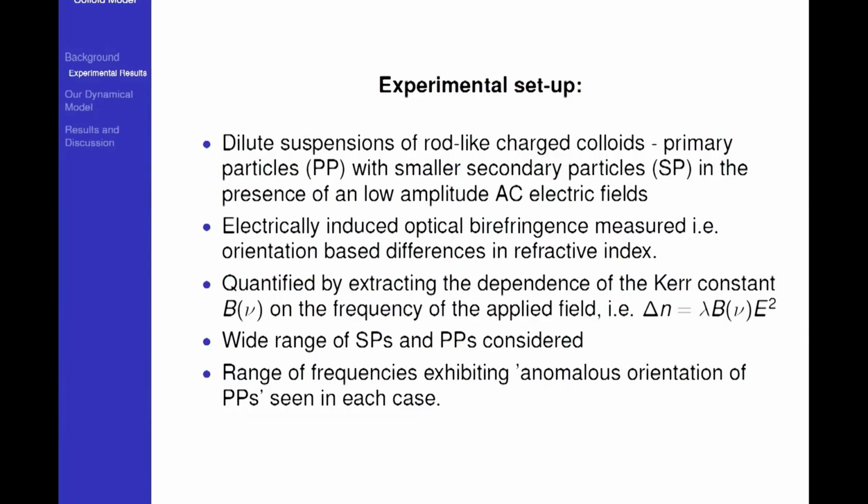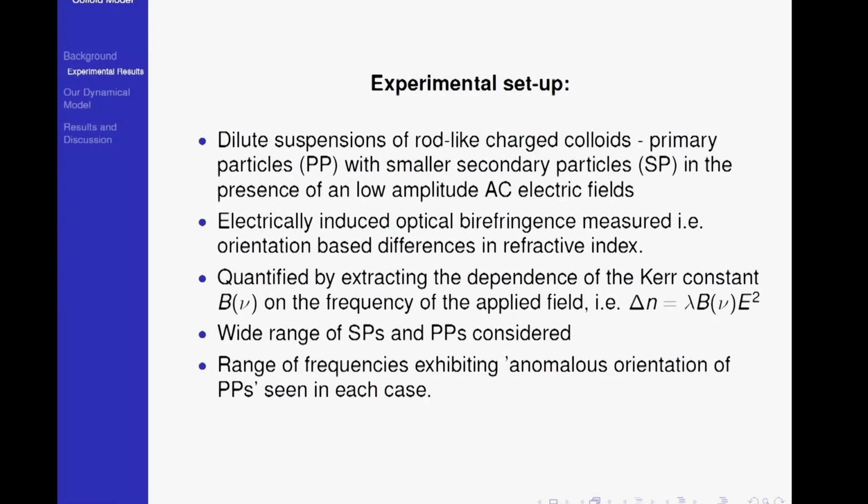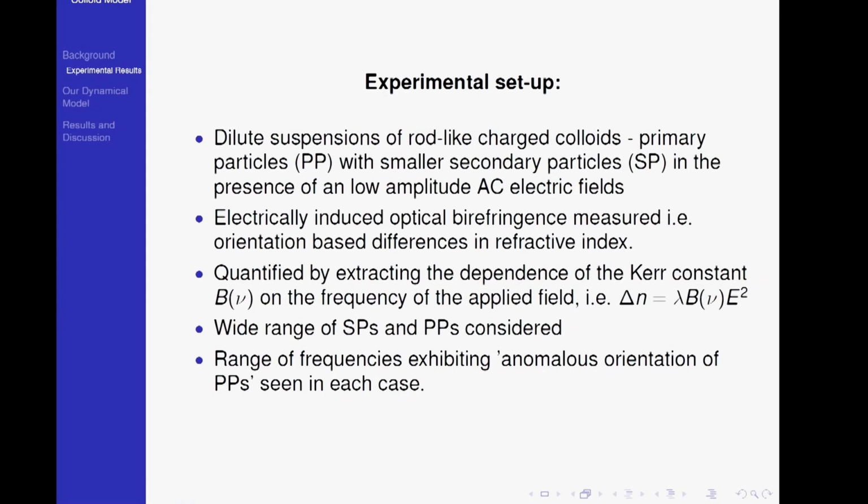So this was the experimental setup. They took dilute suspensions, which means that there are very few particles relative to the amount of the stuff they're suspended in. These are what we're going to call primary particles. Whenever you see primary particles, you should think of things like the pointer, like the rod.